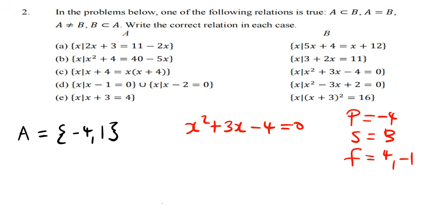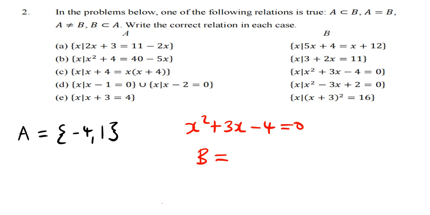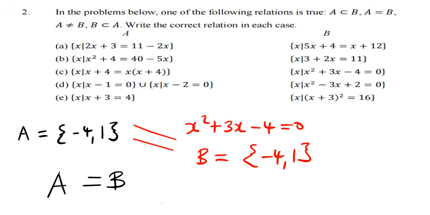So this is also giving us the same answer. If we solve this, B is -4, 1. Since A and B are the same, what is our conclusion? Our conclusion is A = B. So it satisfies this condition as well.